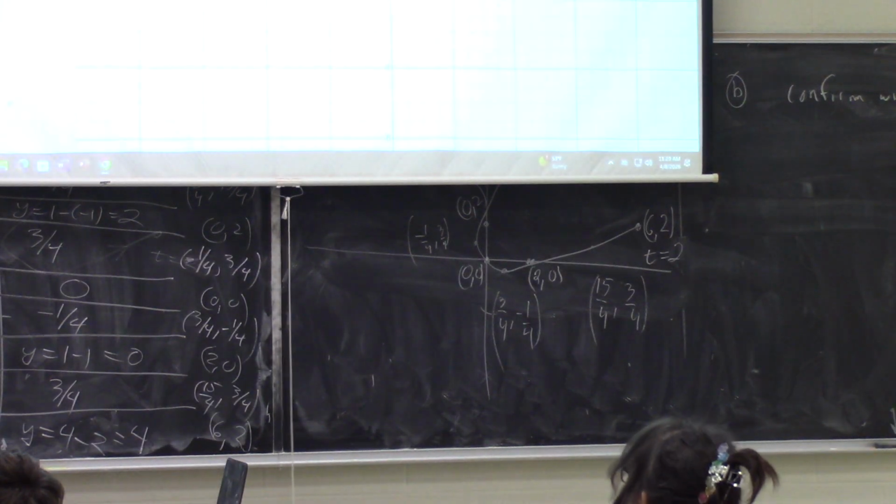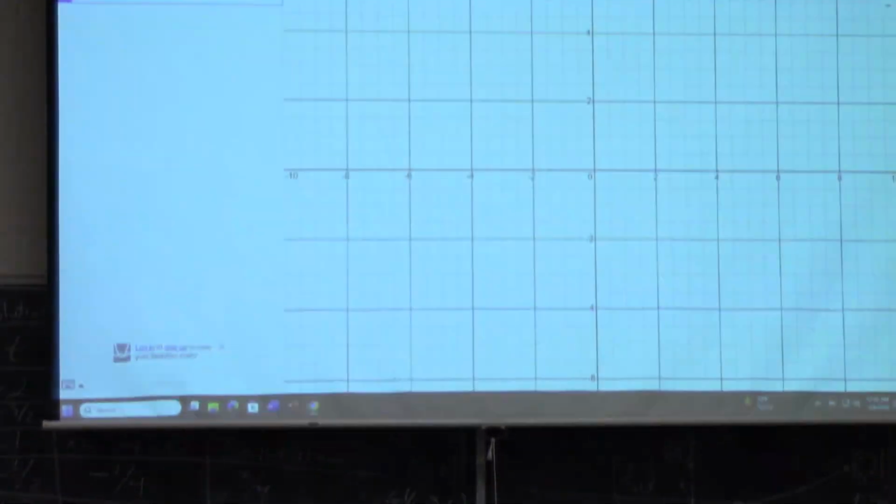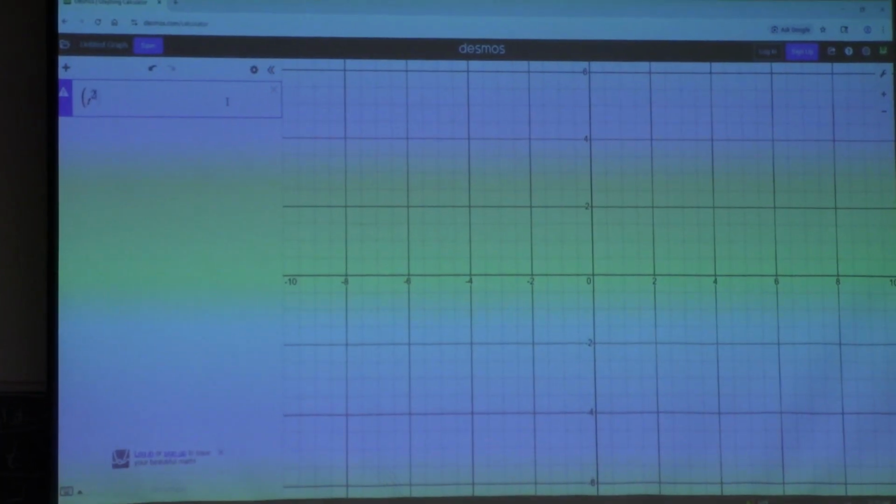So let's plot our graph. We should have t squared plus t for x. Now look, it's asking if I want to make a slider. Okay, let's make a slider. I'm hungry. So let's go from t equals minus 2 to 2, and by steps, let's go 1/10. And then we need to have a y-coordinate.